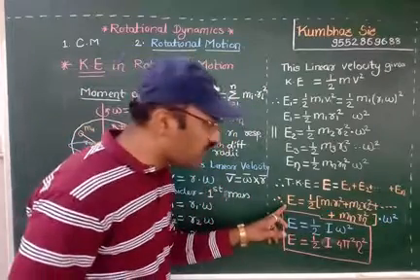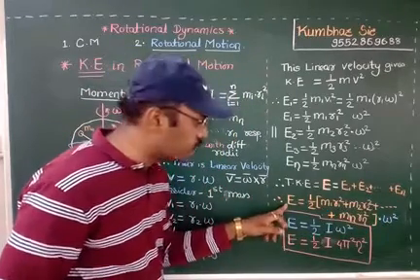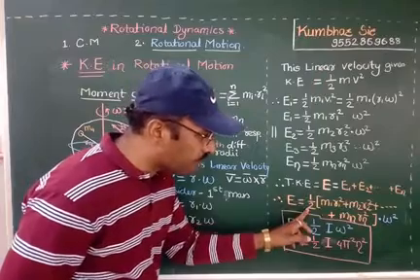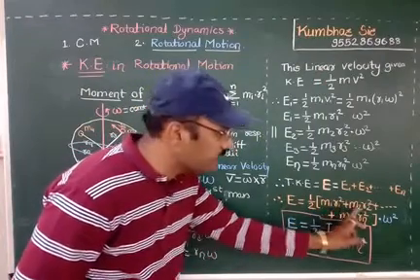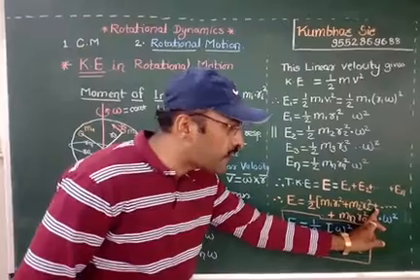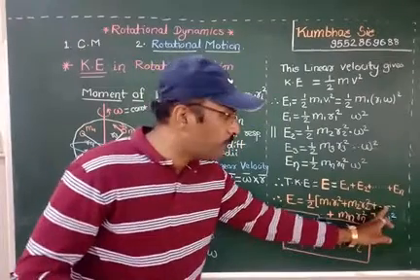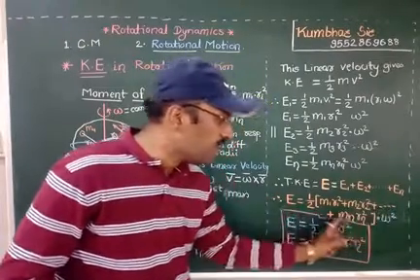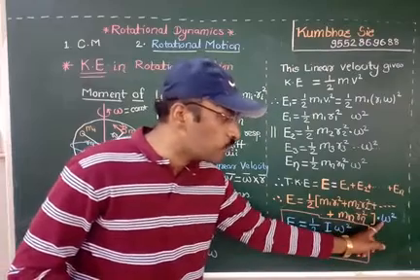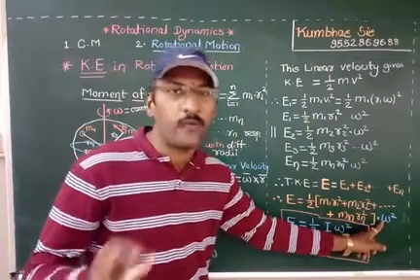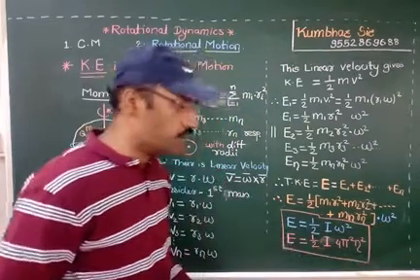Hence, the total kinetic energy E equals 1/2 in the bracket m1 r1 square plus m2 r2 square plus m3 r3 square plus mn rn square, bracket complete, into constant angular velocity omega square.